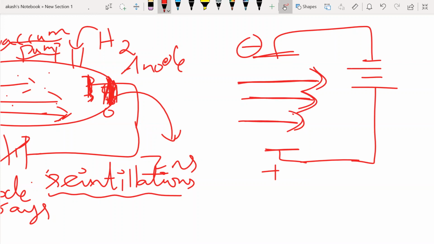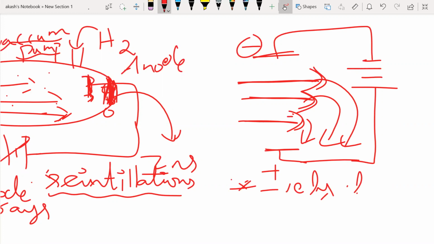But when the external electric field was applied, he found that the cathode rays bend towards the positively charged electrode. That can mean only one thing: these cathode rays are negatively charged. That can be the only reason this is happening, isn't it?